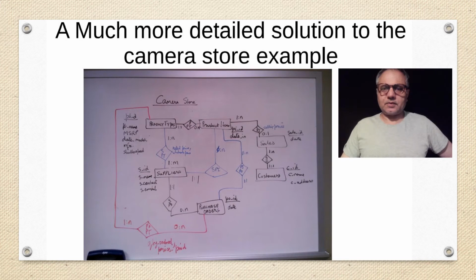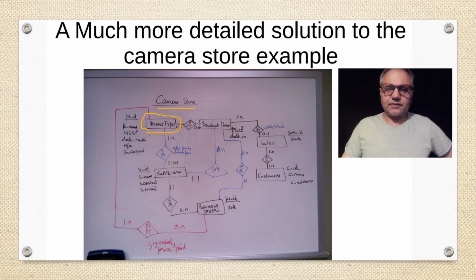Okay, in this example, we're looking at a standard brick and mortar store. In this case, we've used the example of a camera store, but it could actually be any brick and mortar store where they sell certain types of products. In this case, it would be cameras. So an example of a product type would be, let's say, a particular camera model like a Canon 5D, or a Canon 1D, or a Canon 7D.